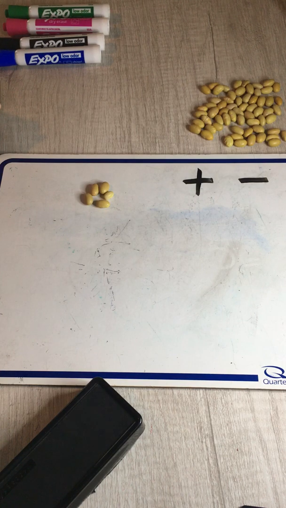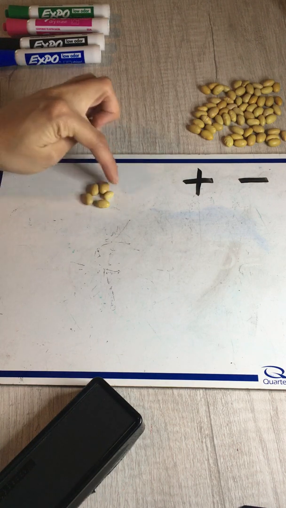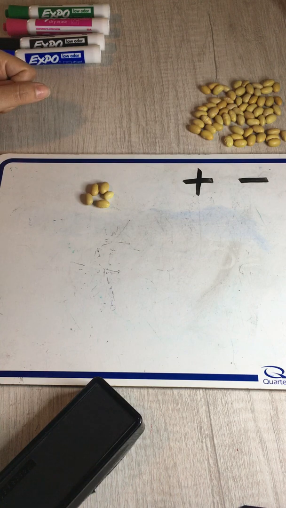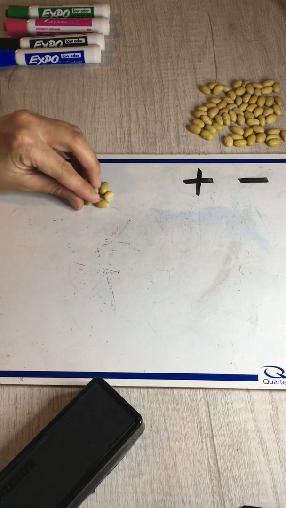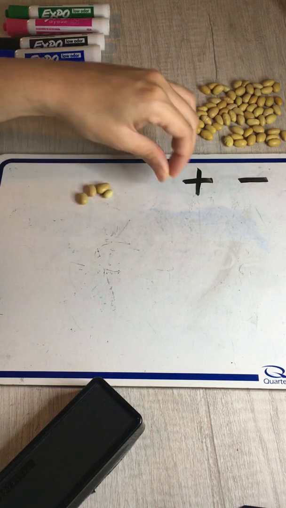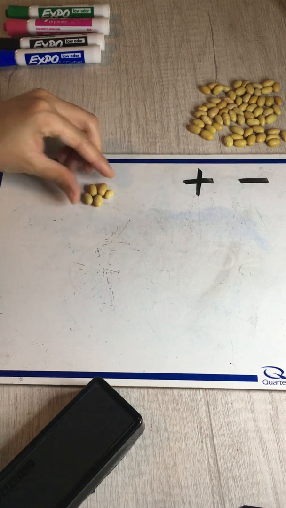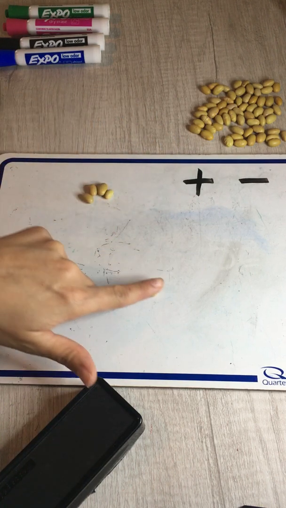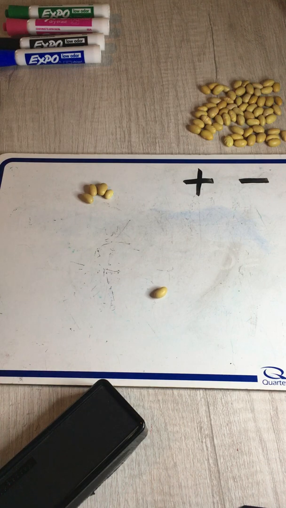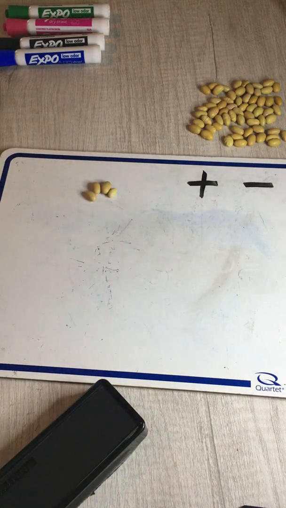She ran into her friend Melanie and she said, "Hey Melanie, would you like some beans?" And so Nia gave 1 of her beans to Melanie. So she had 5 beans and she gave 1 away to Melanie. She took it away, gave it to Melanie.